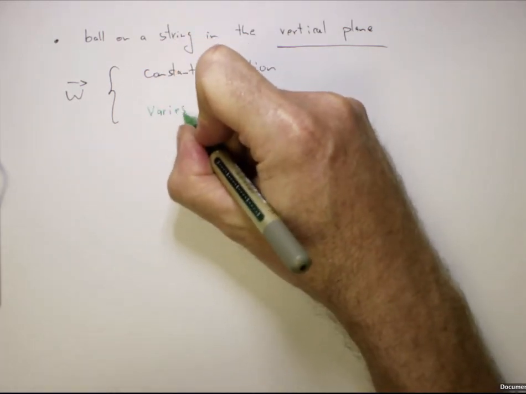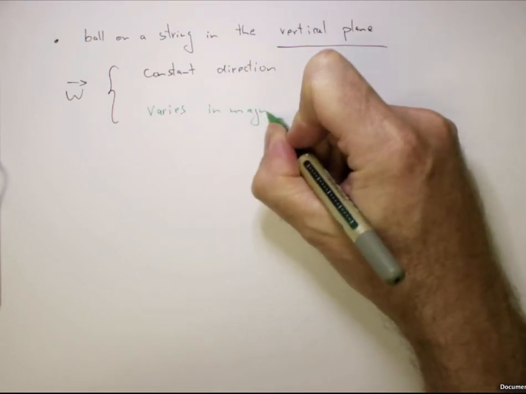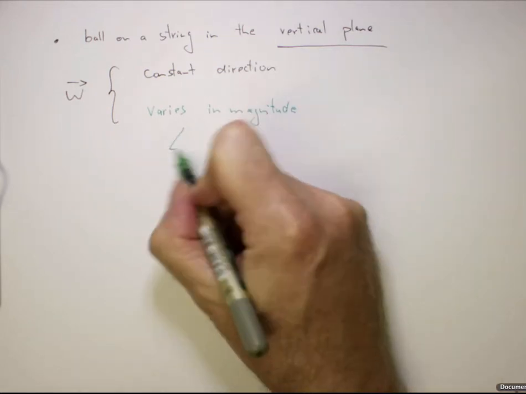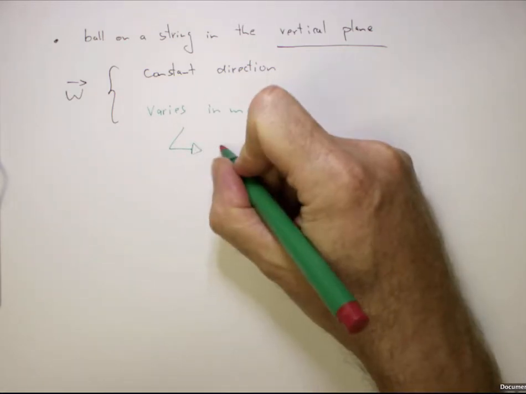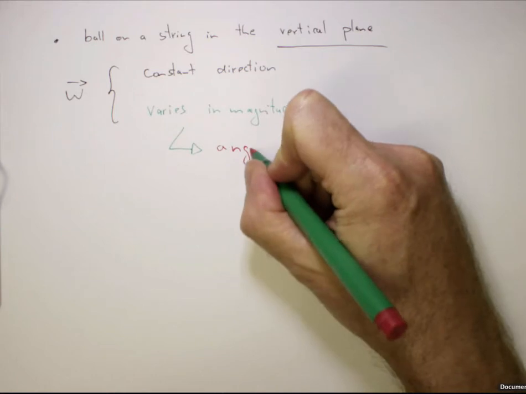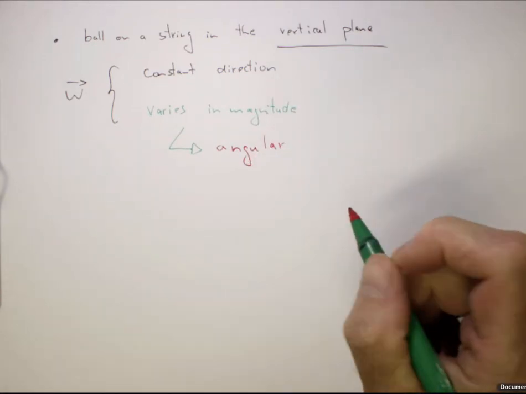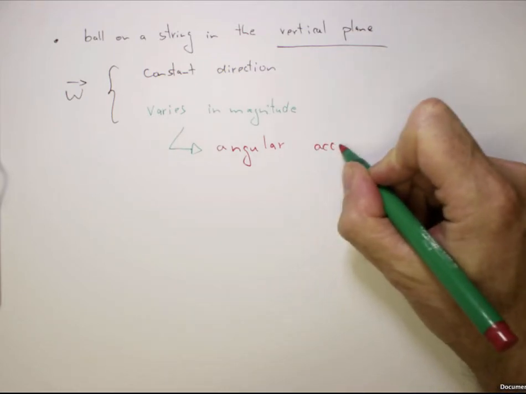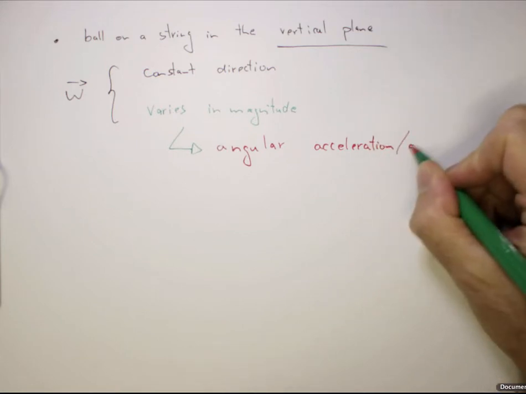The magnitude of omega varies. That allows us to introduce the concept, which, as you'll see in a moment, is very similar to what you already know for linear kinematics, the concept of angular acceleration and deceleration.